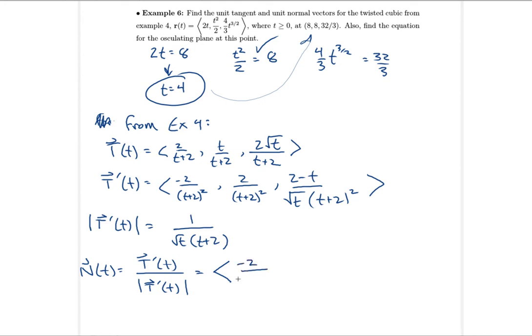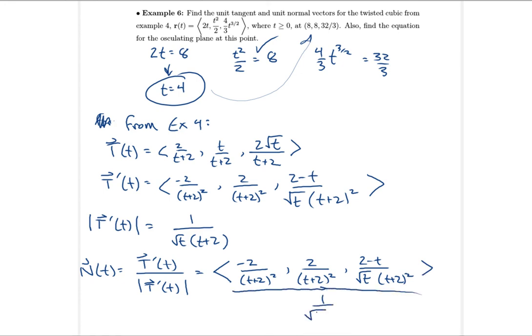We have negative 2 over (t plus 2) squared, 2 over (t plus 2) squared, 2 minus t over (t plus 2) squared. But then you're going to divide all that by 1 over the square root of t plus 2. And so then you're, of course, going to flip and multiply.